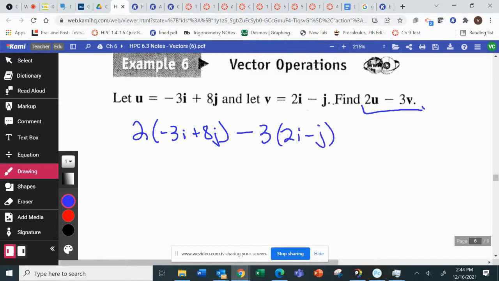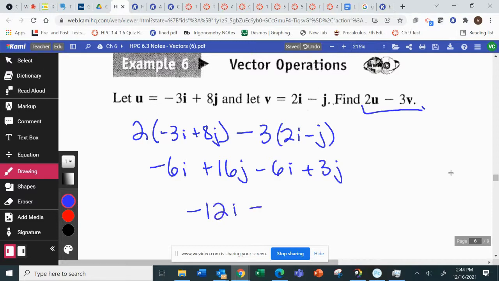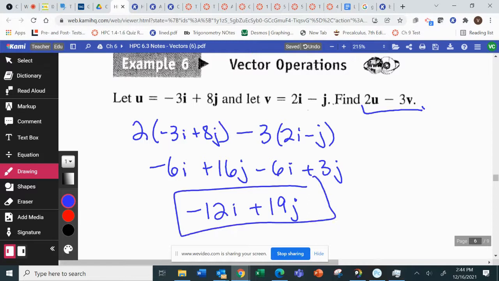We just leave it in that form. And then combine like terms. -12i plus 19j. And that's the linear combination form for that vector.